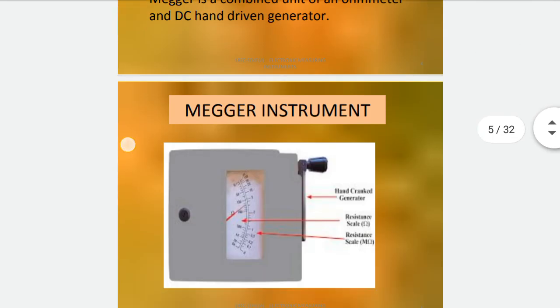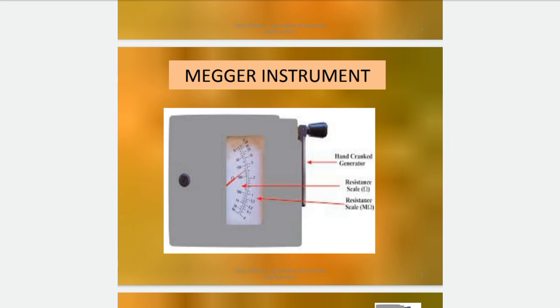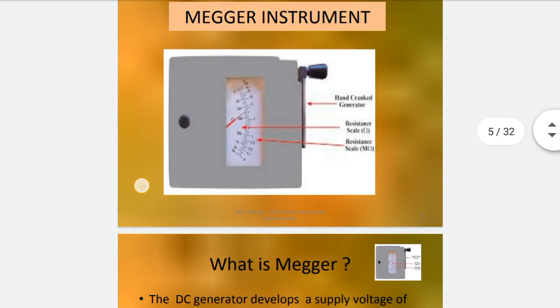This is the Megger instrument. Here we can see different scales. There is a hand cranked generator and a resistance scale in ohms and mega ohms.